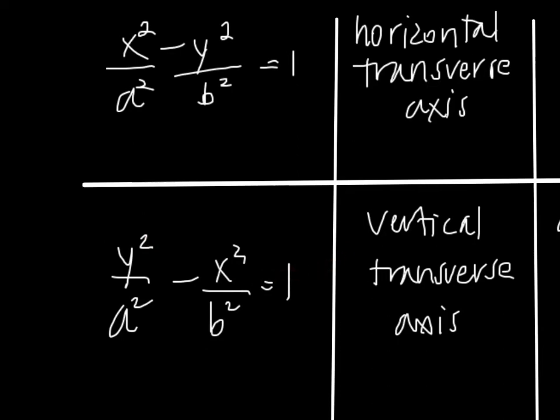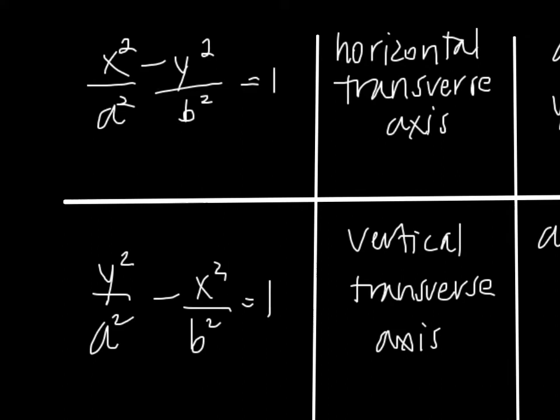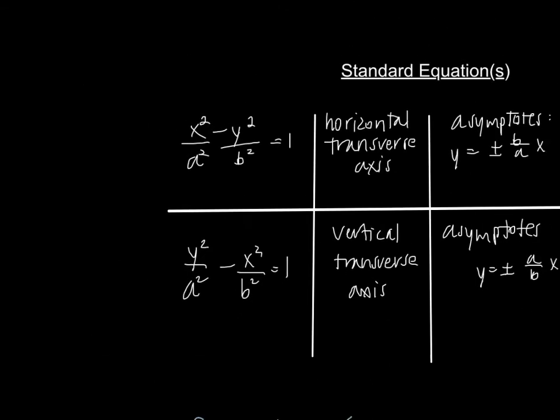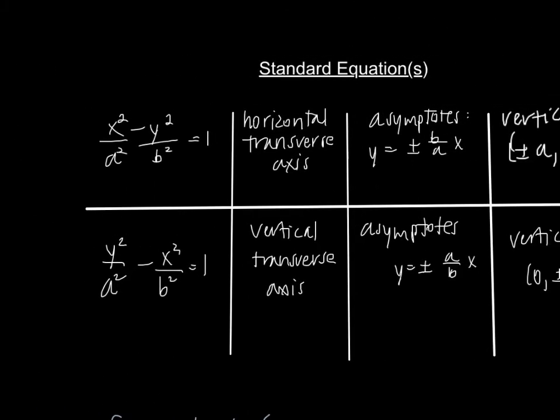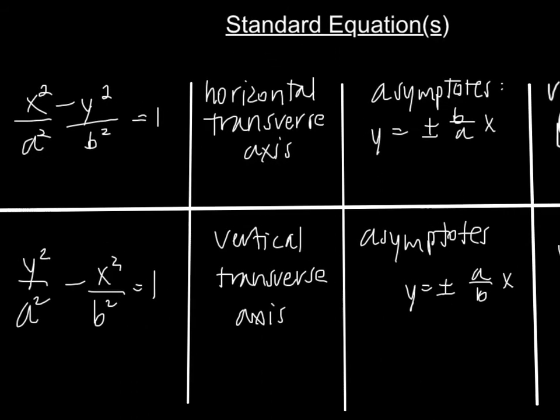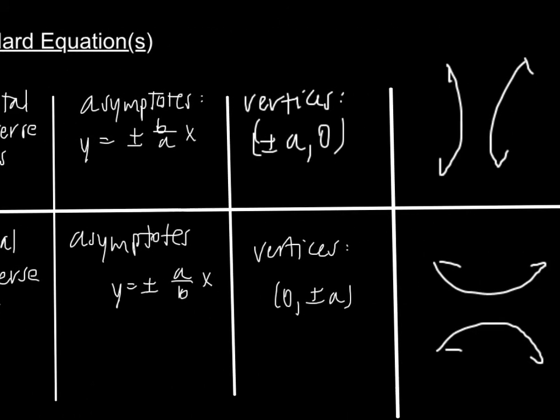The one on top of this table is the one opening left and right, and it has a horizontal transverse axis, so our axis will be going through the hyperbolas. Our asymptotes have the equation y equals plus or minus b over a x, and we find our vertices at plus or minus a, 0.